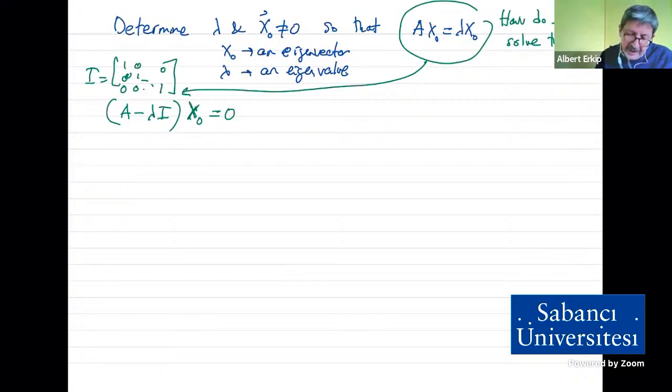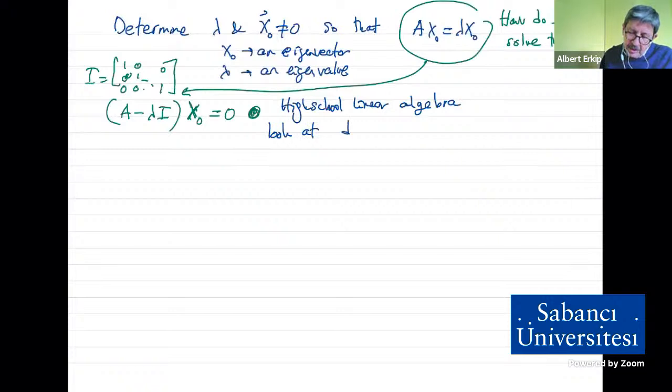Now, when you write it like this, think of linear algebra. This is high school linear algebra. It says to look at the determinant of A minus lambda I.